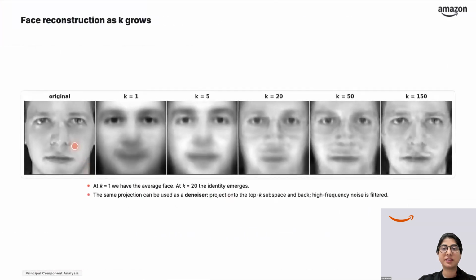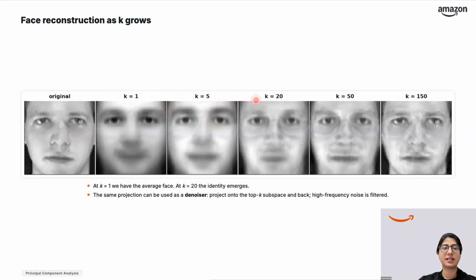Now, for a given image in a test set, if we want to represent it with some principal components, and we take one principal component, then this is what we get as a reconstruction image, which is not a very good proxy of the original image, right?